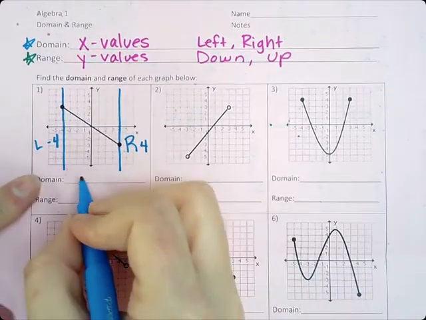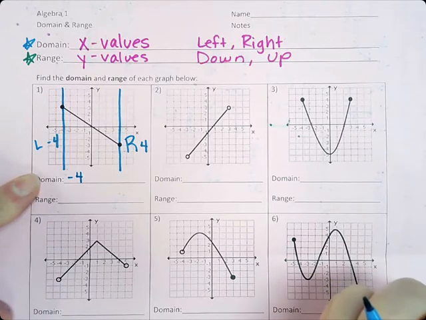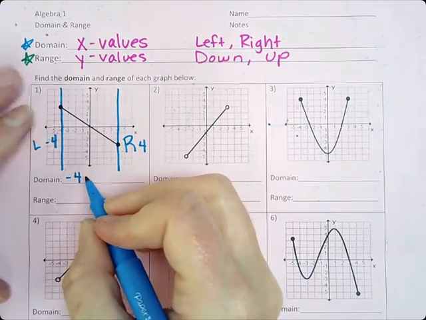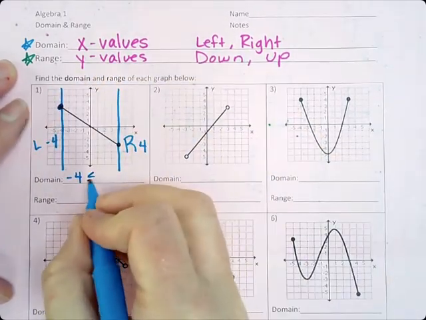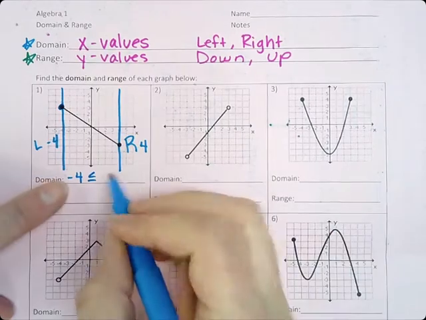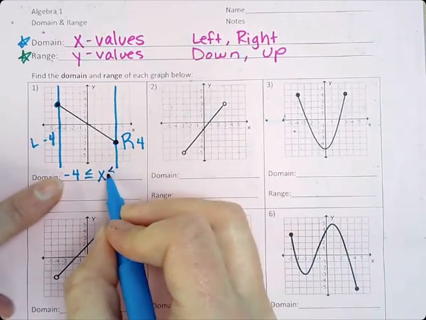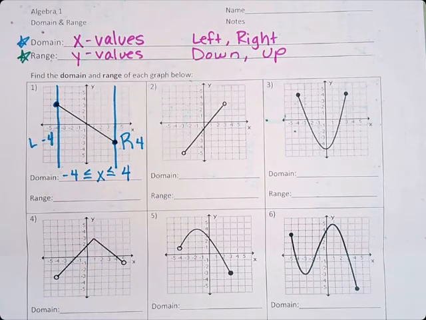So our domain is -4 is our smallest x value. Does it actually touch -4? Yeah, we got this closed circle. So less than or equal to x. Does it actually touch the +4? So less than or equal to +4. If it doesn't touch it, if it's an open circle, then it would be just less than.